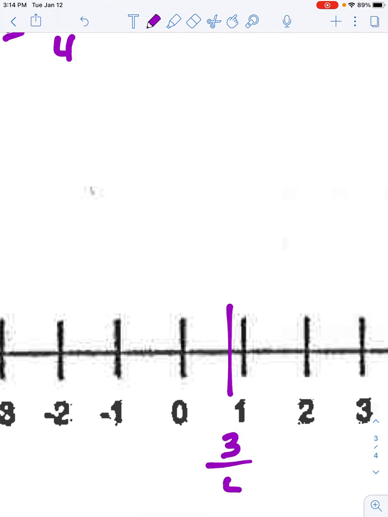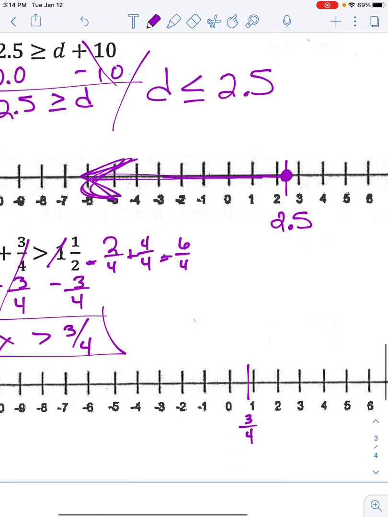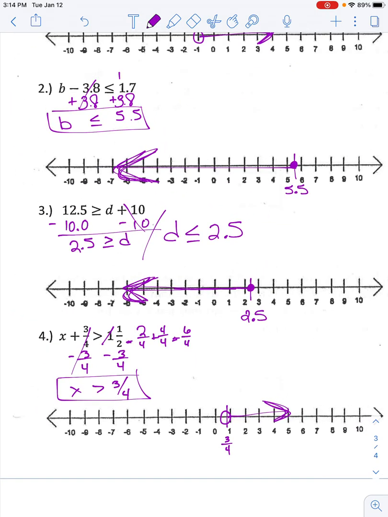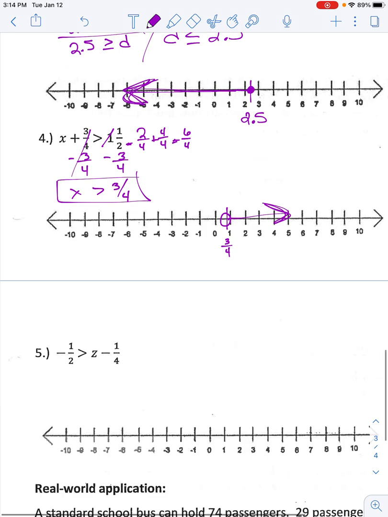X is greater than 3/4. 3/4 would be over here. I'm going to label it greater than, so it's an open circle pointing to the right. 3/4 cannot be our answer. It's everything greater than 3/4.